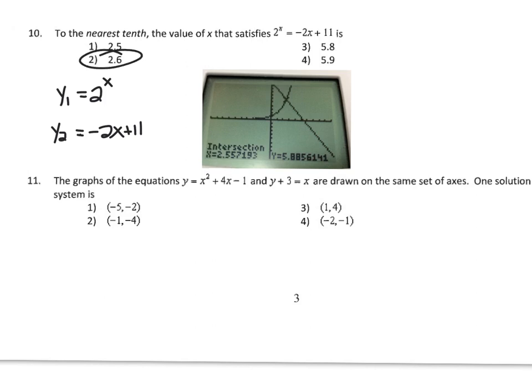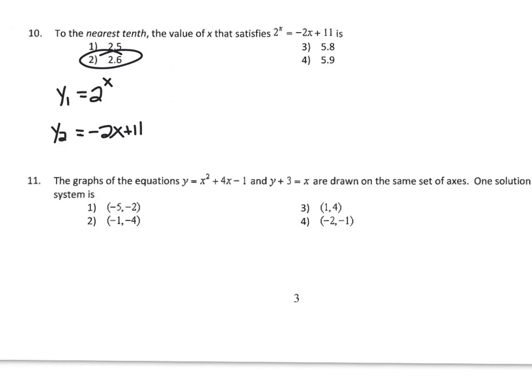Now, some of you may have said, you know what, this is multiple choice. Let me just take the answer choices and plug them in and see what checks. And you can do that. The only thing is that when you plug in these answer choices, like if you take 2.6 and plug it in for x here and x here, it's not going to check exactly because this is a rounded value.